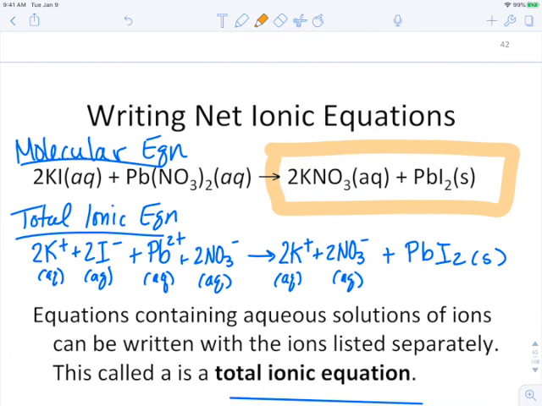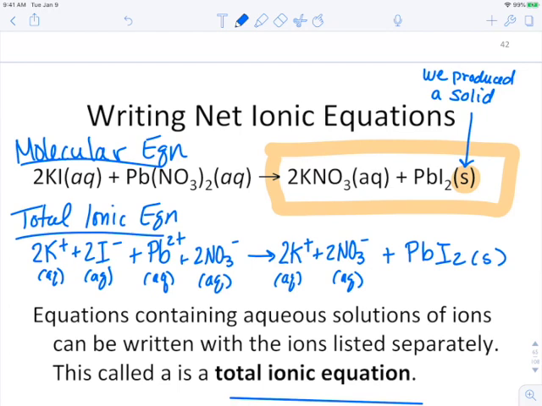Excellent. So I'm seeing the solids and the PbI2. That is correct. So this solid right here, we produced this. And we say the production of that solid drives the reaction.